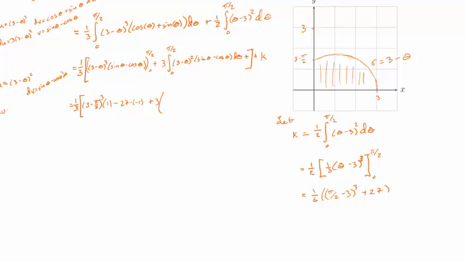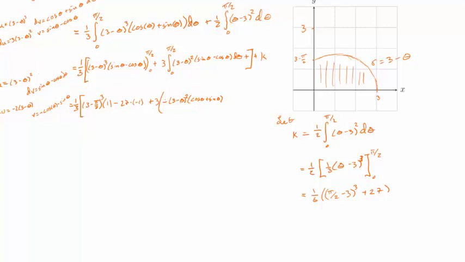So du equals negative 2 times 3 minus theta, and v equals negative cosine of theta minus sine of theta. And so we do u times v, which is negative 3 minus theta squared times cosine of theta plus sine of theta.